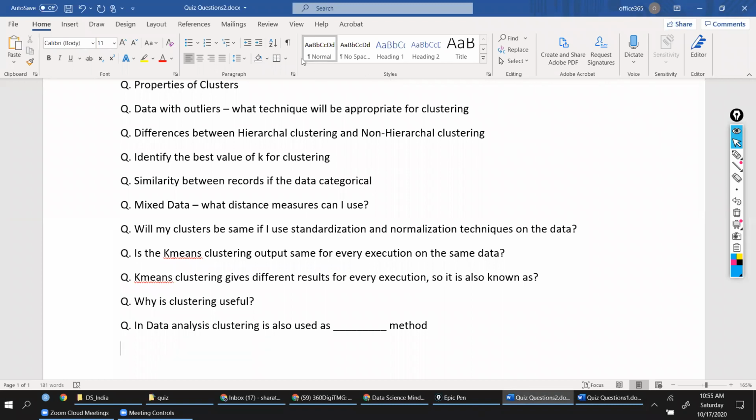Can anyone think of this answer? Feature selection, not really, no. EDA, very good. Descriptive statistics, descriptive analytics, right? So it is also used as an EDA technique, which basically explains the data better.